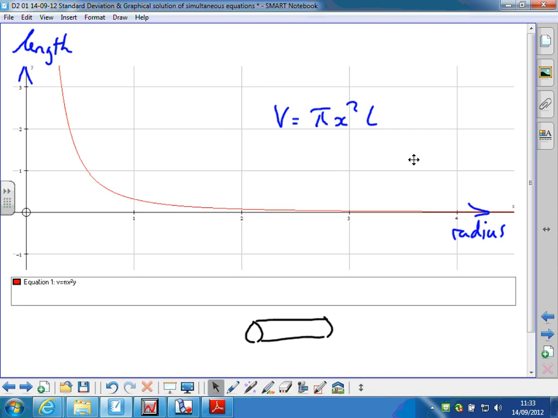And so that's a limitation of this model. You often get these sorts of things. As one variable approaches 0, the other variable approaches infinity. And that's common to see. So that sort of makes sense. Okay? Again, for a fixed volume, I can read off what length I require for a particular radius.